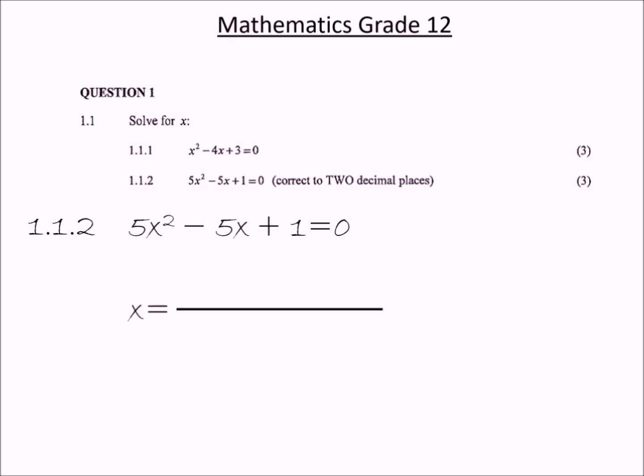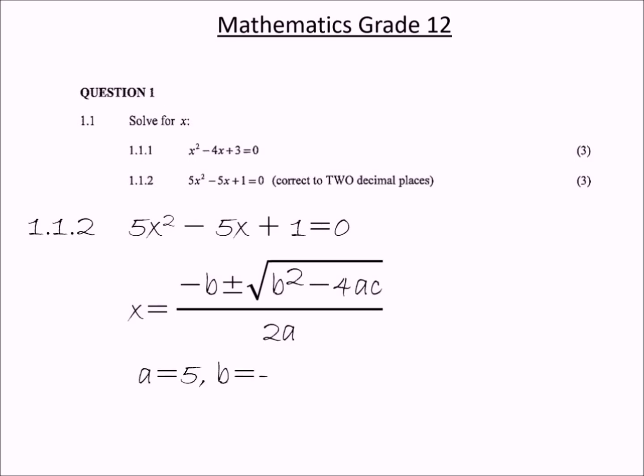It will be x equals minus b plus or minus the square root of b squared minus 4ac, all over 2a. A will be equal to 5, b will be equal to minus 5, and c will be equal to 1. We plug them in and simplify.